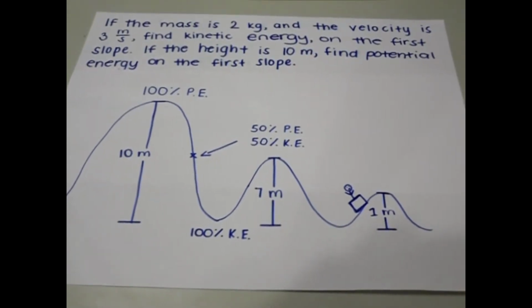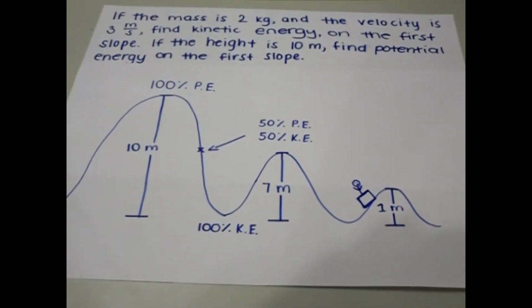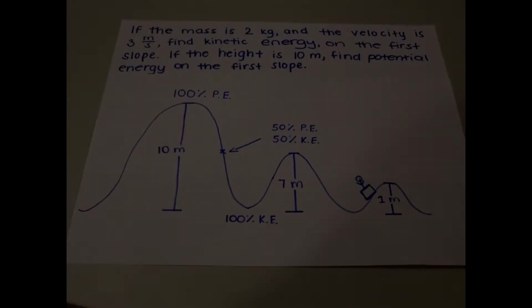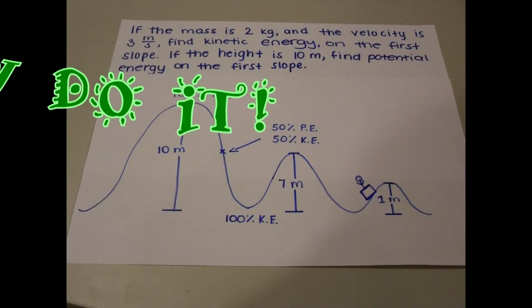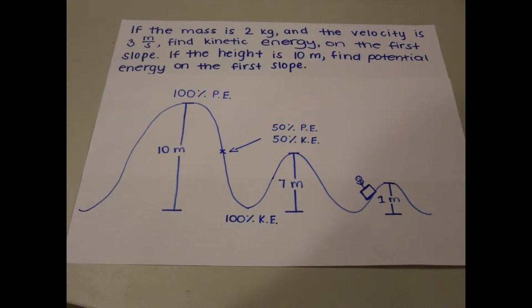If the height is 10 meters, find potential energy on the first slope. Energy is measured in joules.